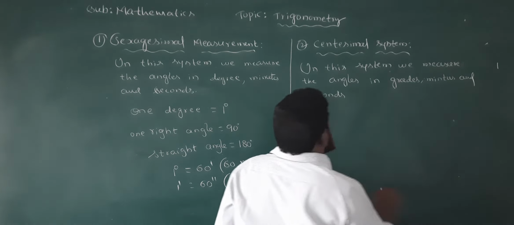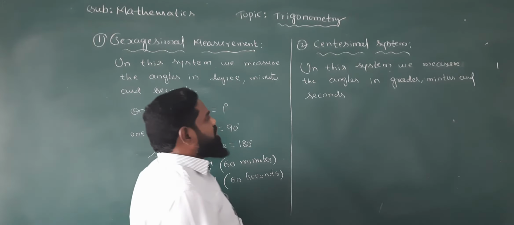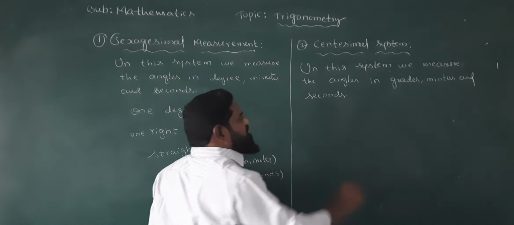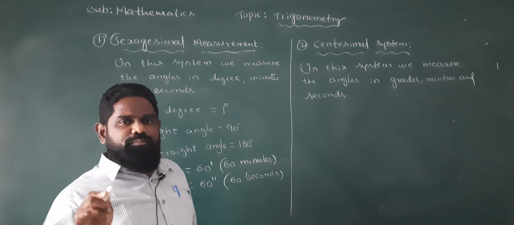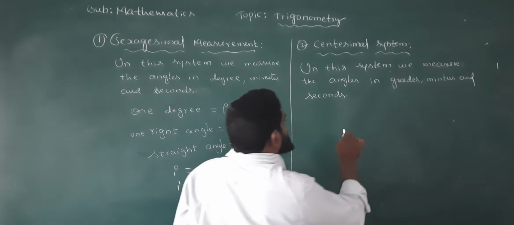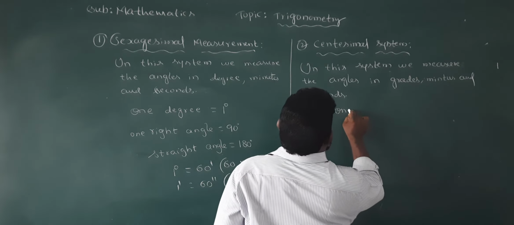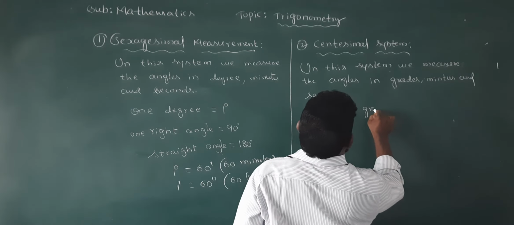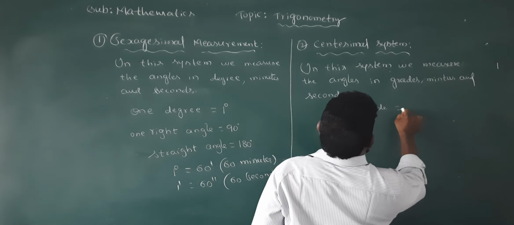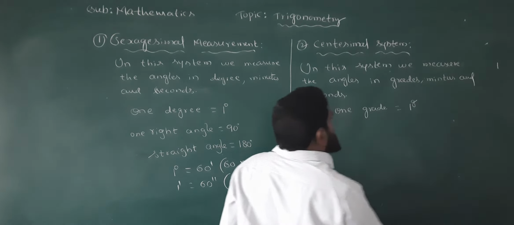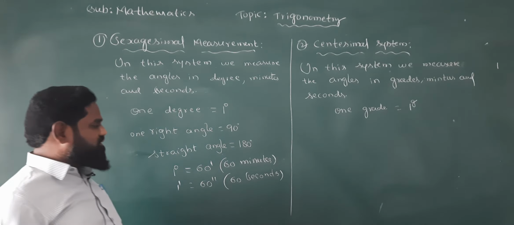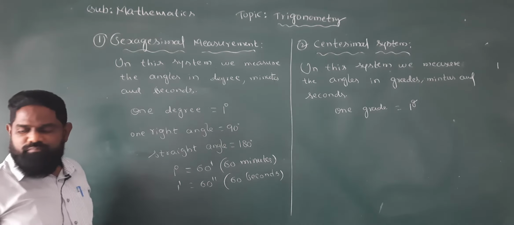Okay? We can measure them like this: grades, minutes and seconds. 1 grade is denoted like this, read as 1 grade, with a small g.